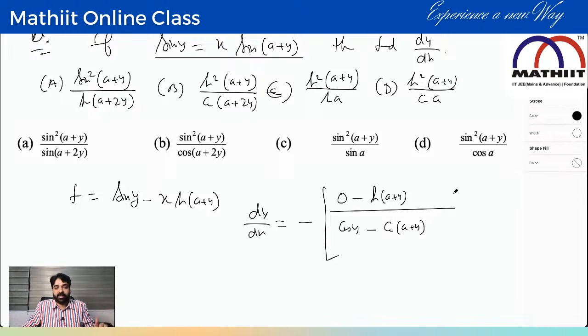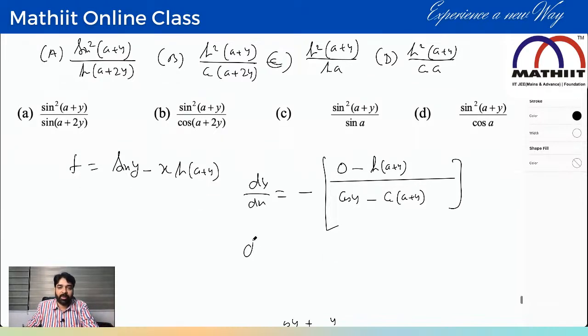So this will be the answer. So simple. So dy by dx will be equal to minus, minus cancel, sin(a plus y), but the answer is given in a different way.